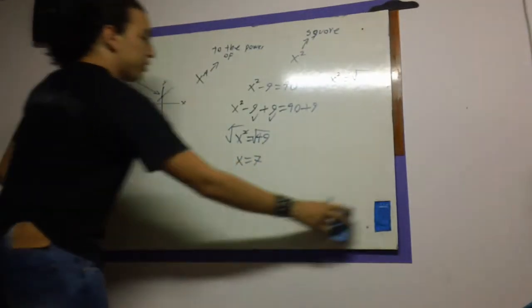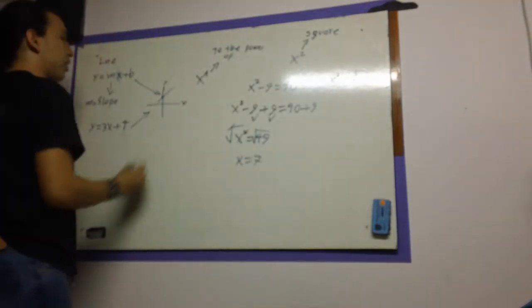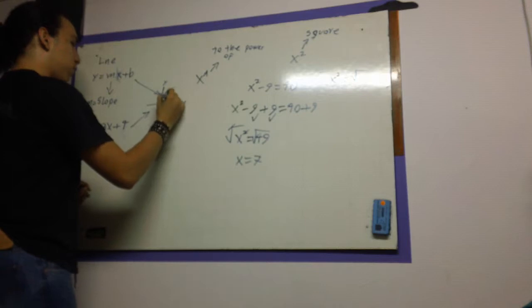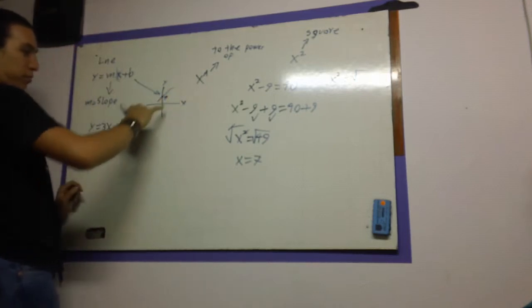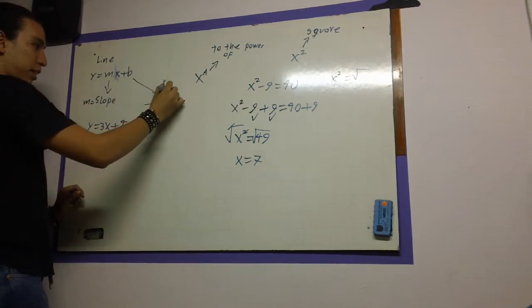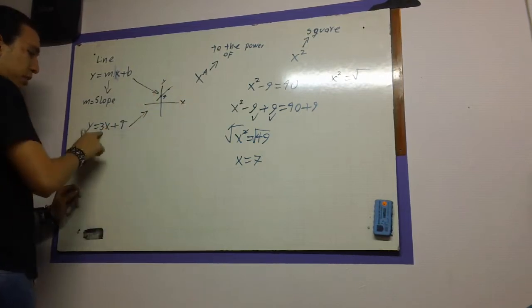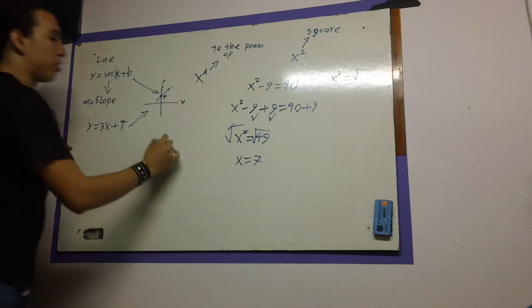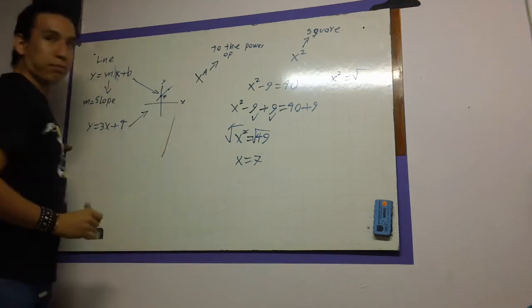In this case, this point is going to be 4, and the slope of the line is going to be 3. So you're going to have something like this.